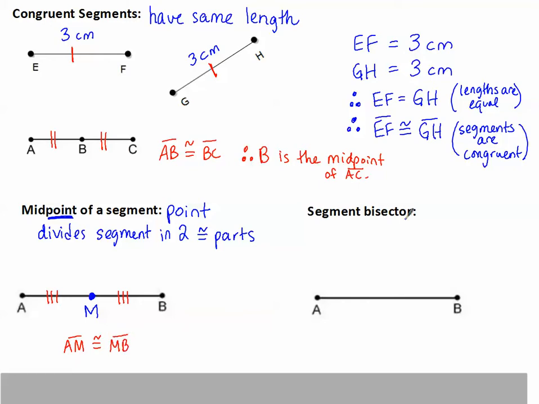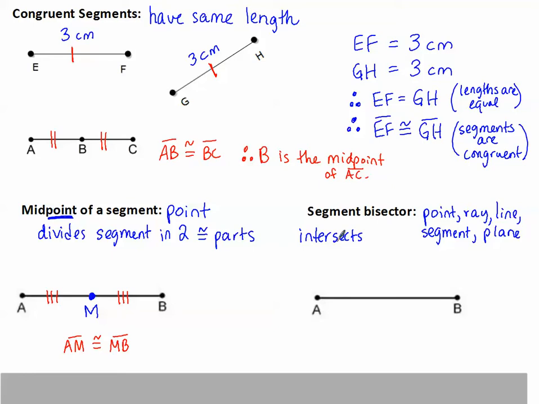Similarly, we have segment bisectors. Now, this is very much like a midpoint, except it doesn't have to be just a point. It could be a point, it could be a ray, it could be a line, it could be another segment. It could even be a plane. It could be any of these things, as long as what it's doing is intersecting the segment at its midpoint.